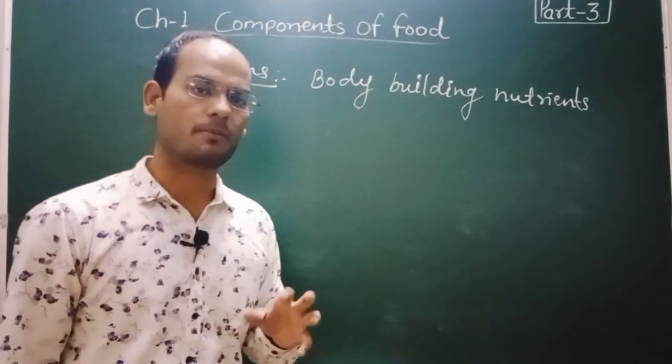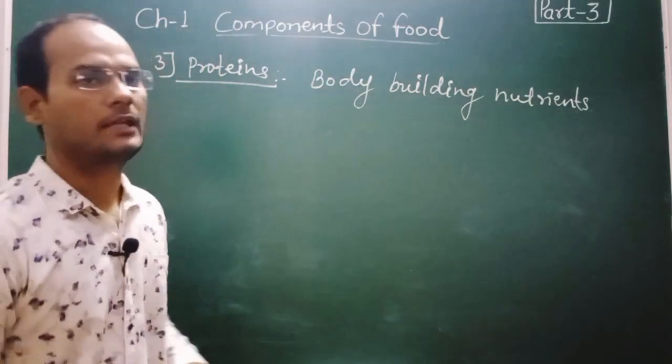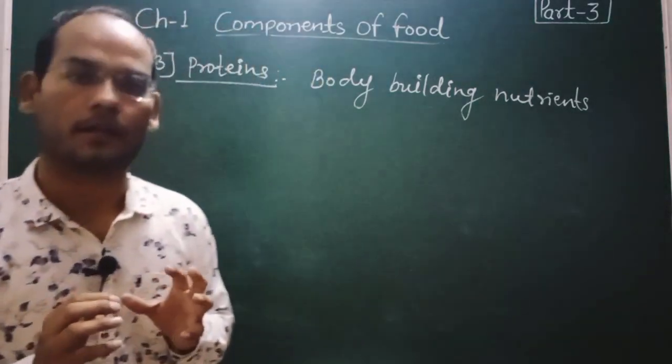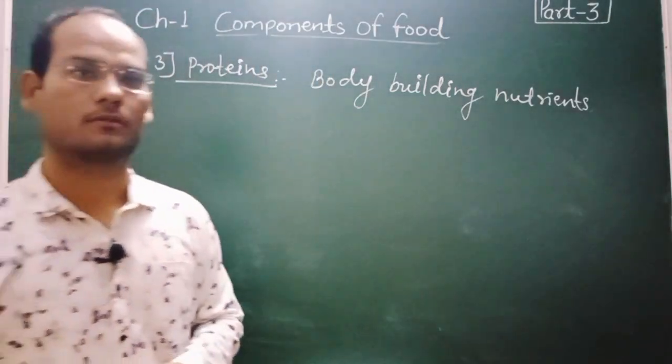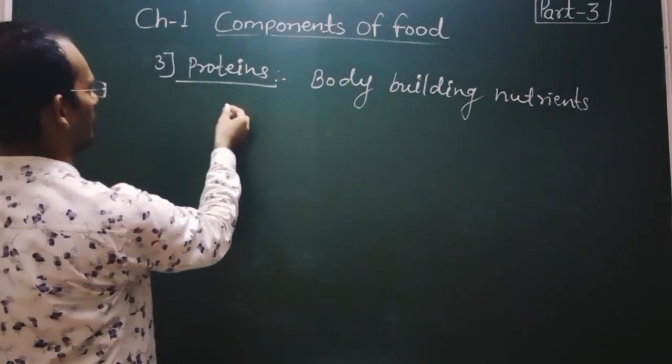Why do we call them bodybuilding nutrients? Because they help in the growth and repair of damaged cells in our body. So we can say this is the function of proteins.